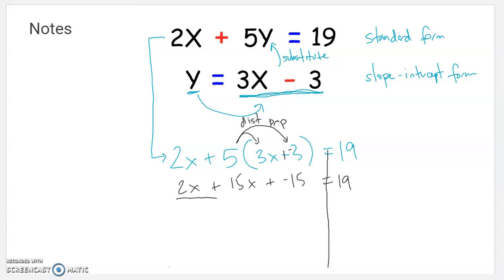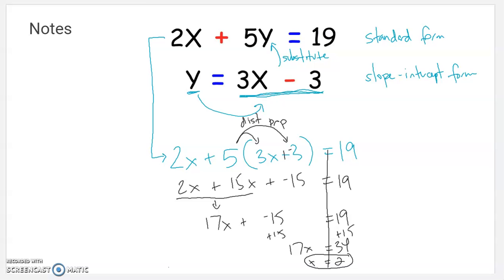I'm going to combine like terms next. This is my next issue, so I'm going to add 15 to make that go away. And I'm left with 17x equals 34. So x equals 2. Almost there, halfway home.